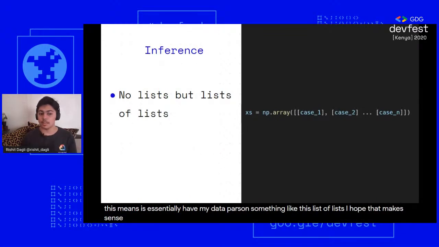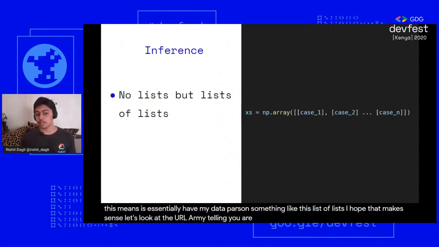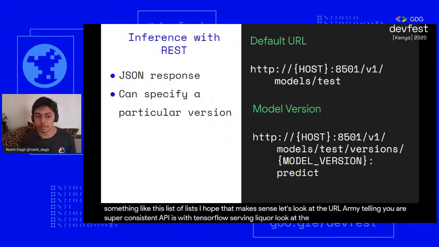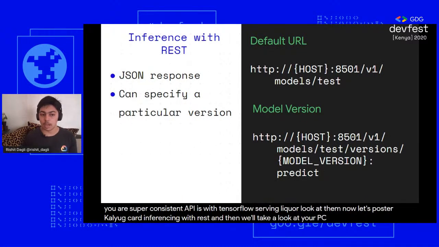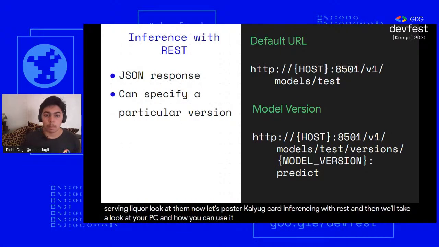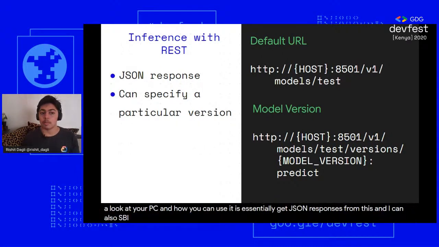Let's take a look at the URLs. Remember me telling you, super consistent APIs with TensorFlow Serving. Let's take a look at them now. So let's first take a look at inferencing with REST, and then we'll take a look at gRPC and how you can use it. I essentially get JSON responses from this, and I can also specify a particular version.